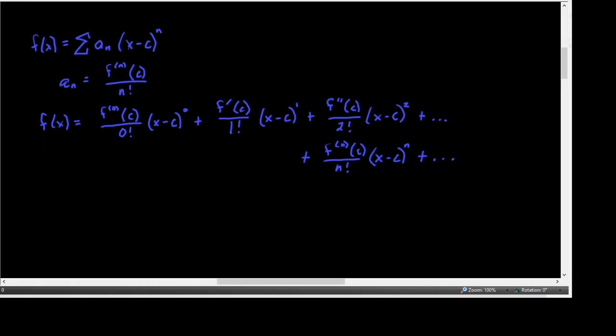Hence, this series that I've written here is called the Taylor series for f at c. Now, let me write that. Taylor series centered at c.